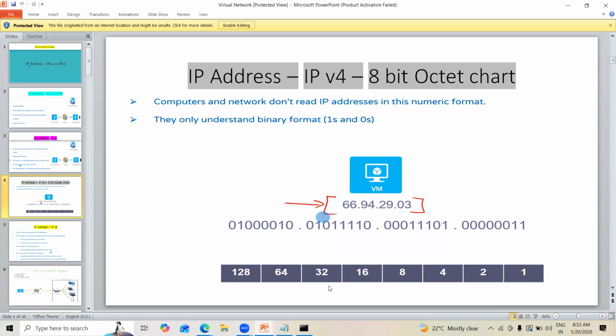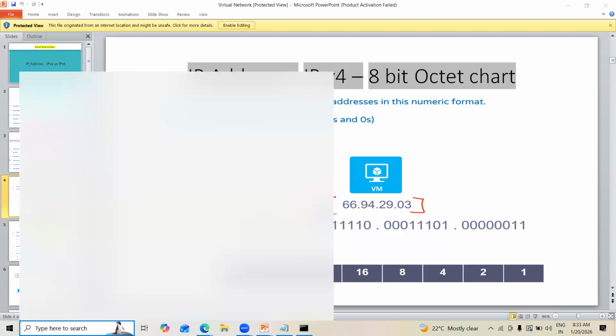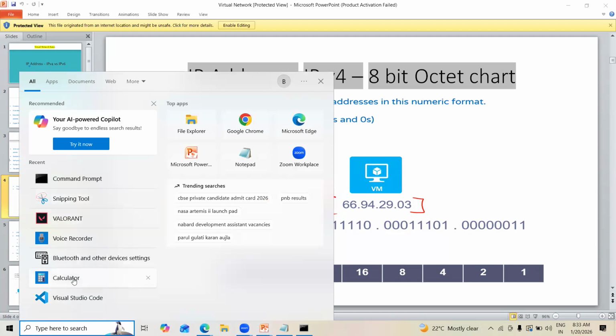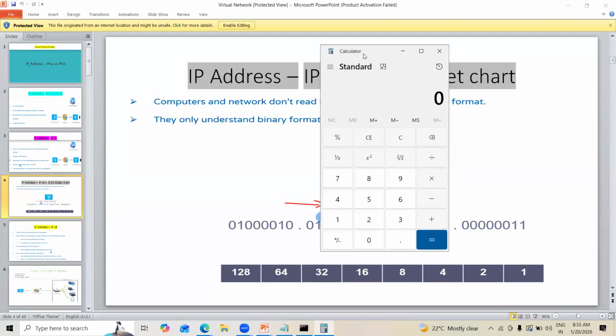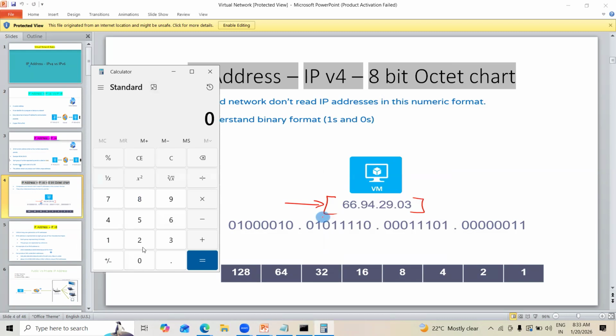You can add everything. Open the calculator. 1 plus 2 plus 4 plus 8 plus 16 plus 32 plus 64 plus 128.